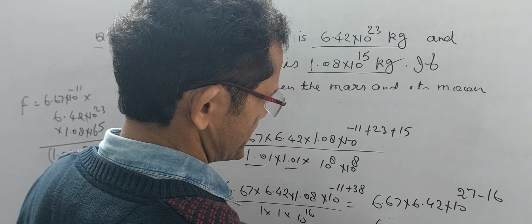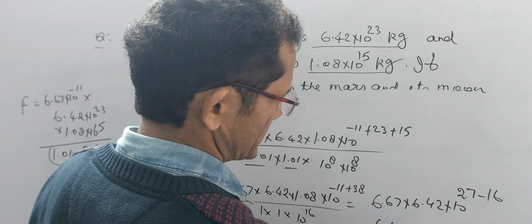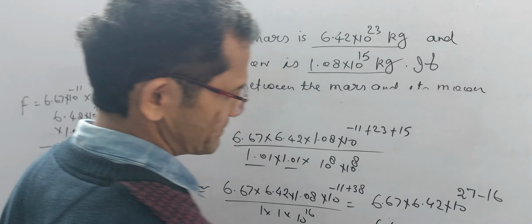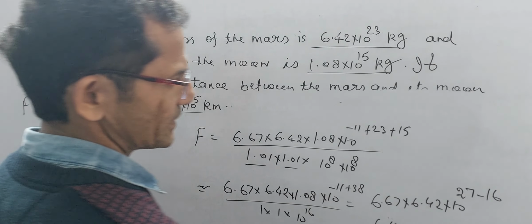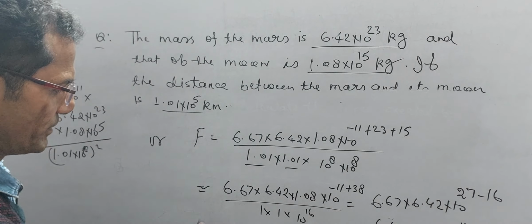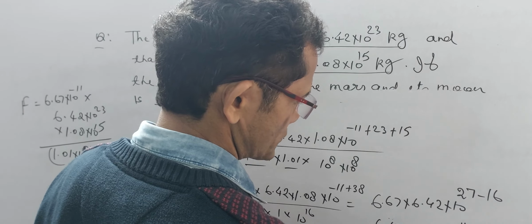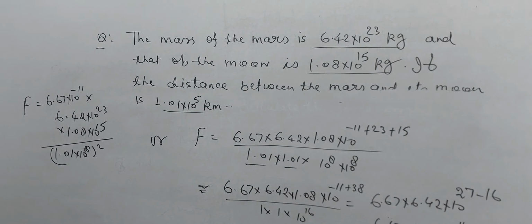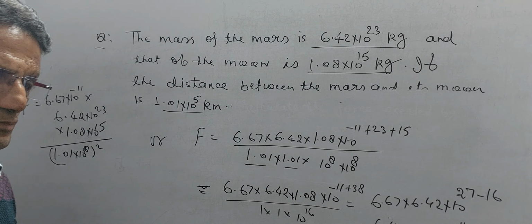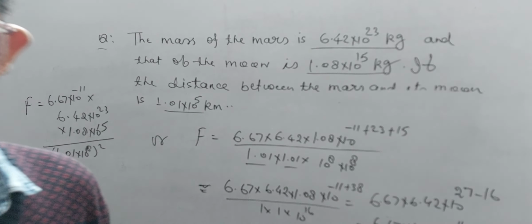After simplification it will be 6.67 and 6.42 times 10 raised to the power 27 minus 16, which is 11. The unit of force will be Newton. If you multiply these two quantities, we will get the exact force which the mass applies on the other mass.